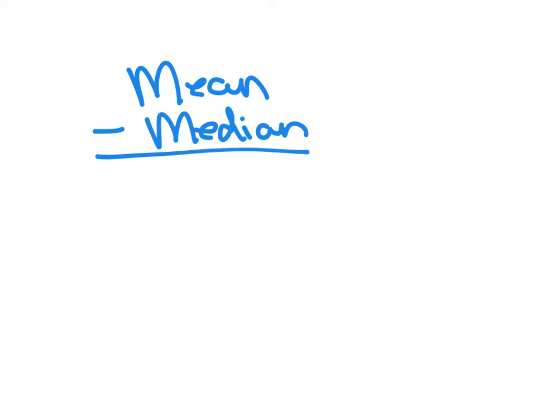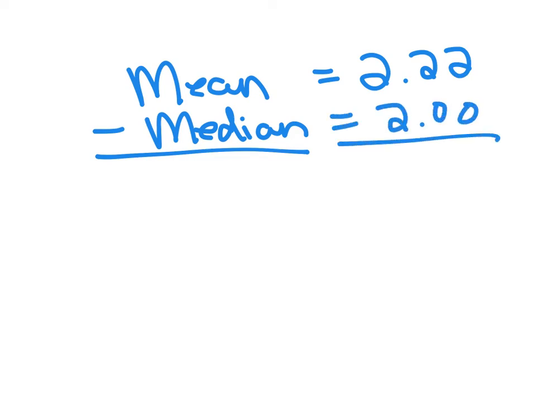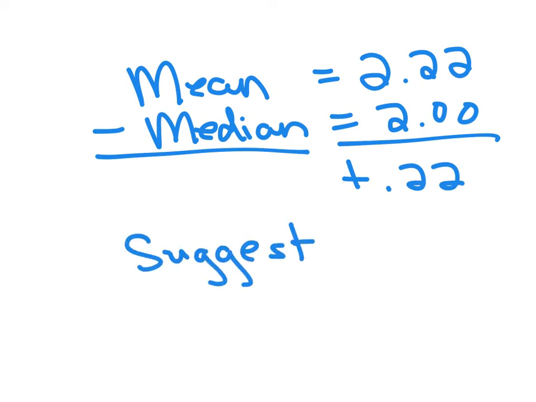So if you remember, the mean equaled 2.22, and the median equaled 2. So if you'll look, the difference is a positive number of 0.22. This suggests that the data isn't normal, that it's skewed slightly. And it's suggesting a positive skew, because of the fact that this is a positive number.